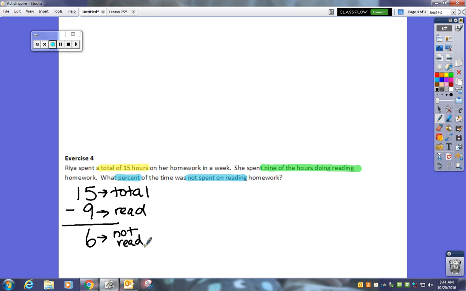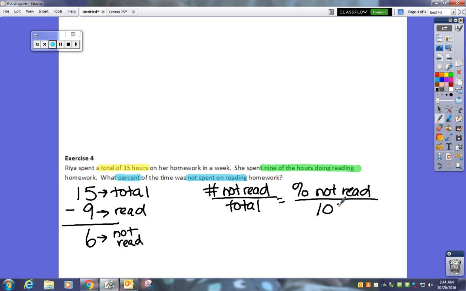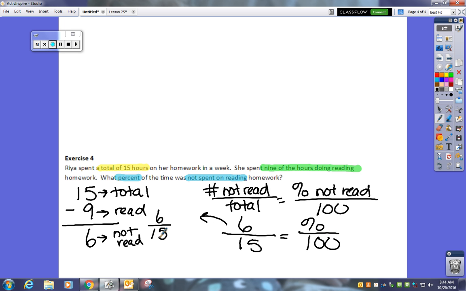When we set up our equal fractions, it's number not reading over total equals the percent not reading over 100. Not reading is 6. The total is 15. Once again, we'll need to simplify our 6 over 15.